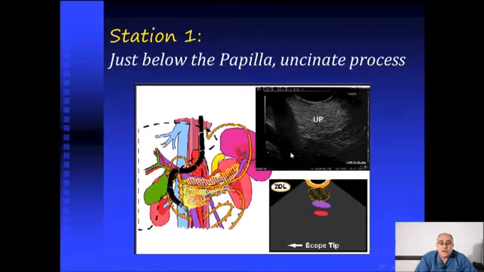This is the abdominal aorta appearing in longitudinal section. And the part of the pancreas related to this abdominal aorta is the uncinate process of the pancreas, seen from the deep second part of the duodenum just below the papilla.